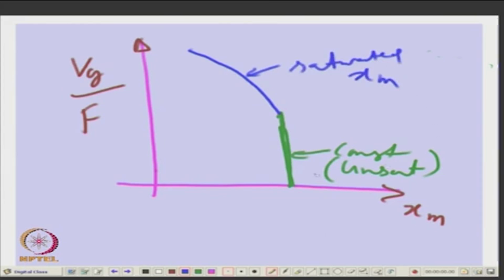Xm, unsaturated Xm, right. You have already determined some value of Xm. So, you know some value of Xm as computed. You have got the Xm, you have got f and Xm.